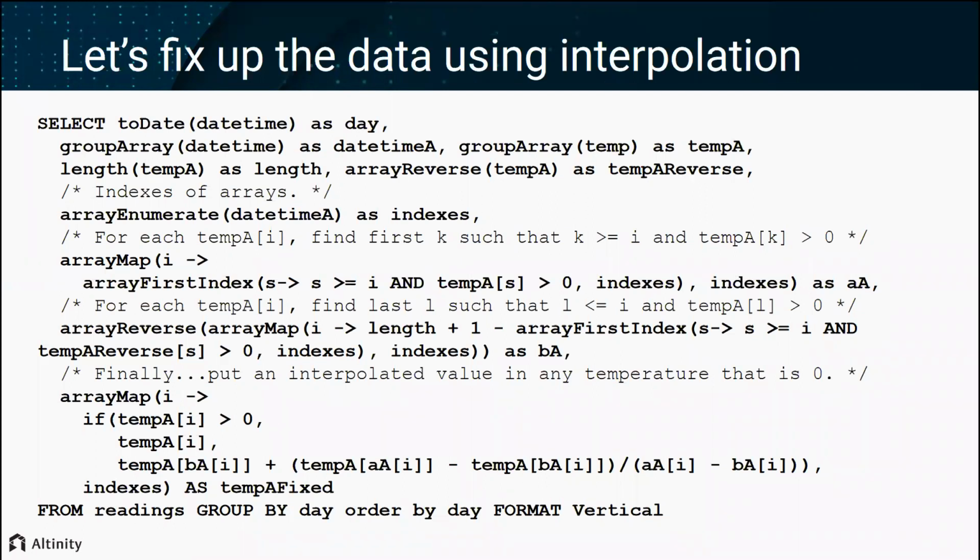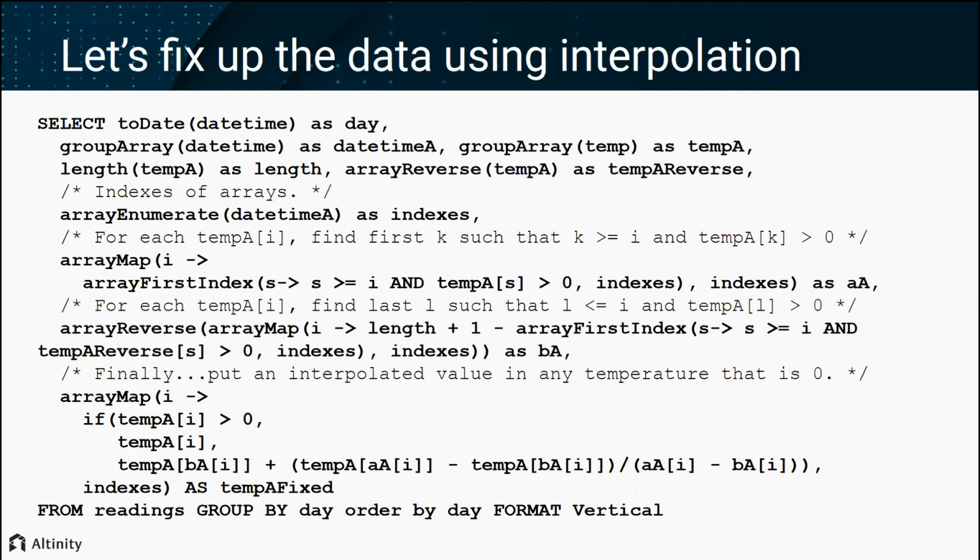So the next thing that we're going to do is, it's kind of helpful to have a list of the indexes to the array. So we'll use this handy function called array enumerate. What that does is it just returns us a list of the indexes 1, 2, 3, 4, and so on and so forth. And now we need to find the higher value and the lower value whenever we have something missing. So we're going to use array map for that.